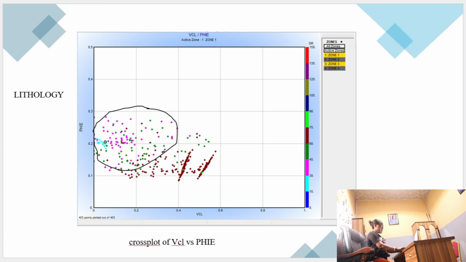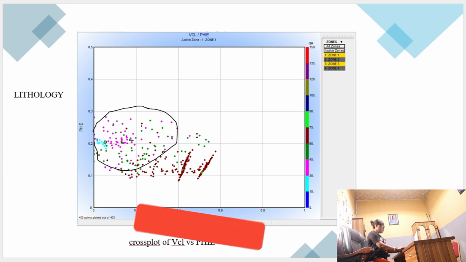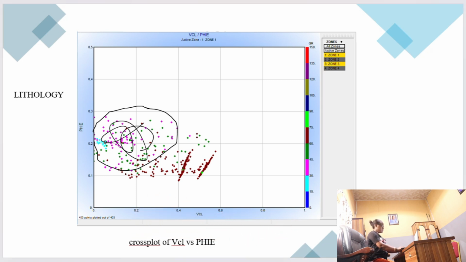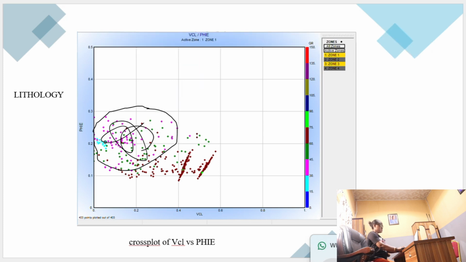What this means is that we have our zone of interest to fall in the area where we have high effective porosity and low volume of clay. And what it means is that it's a strong indicator of a clean sand formation. Probably this formation is free from any clay content at all or any shale content.